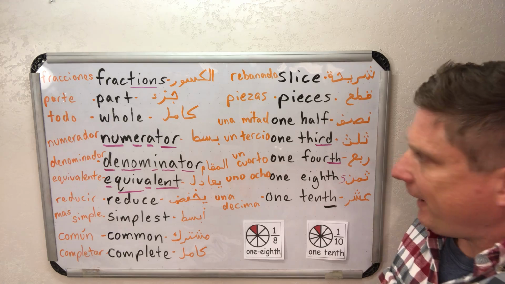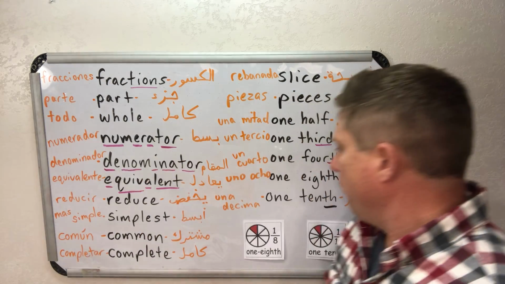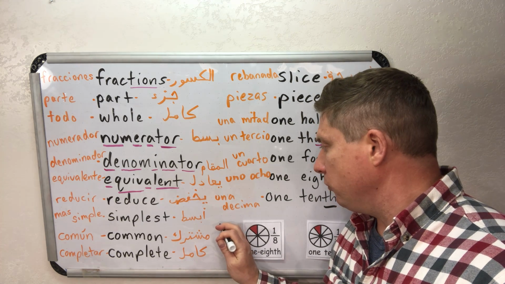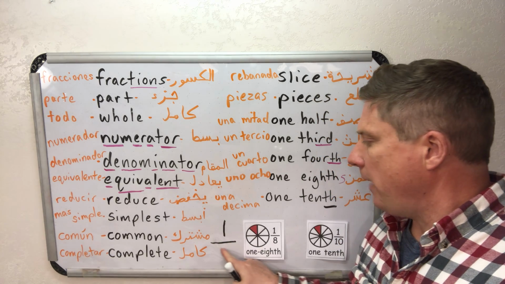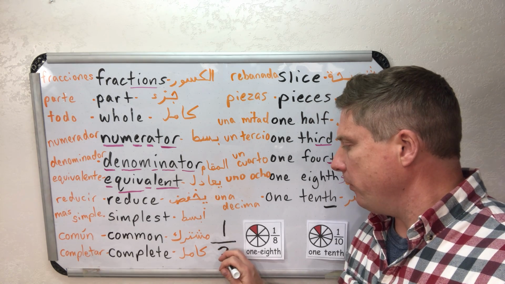Okay, so with fractions, right? Usually, we write fractions with a number on top. Let's say 1. And here's our fraction sign or symbol. And then in the bottom, we write another number.